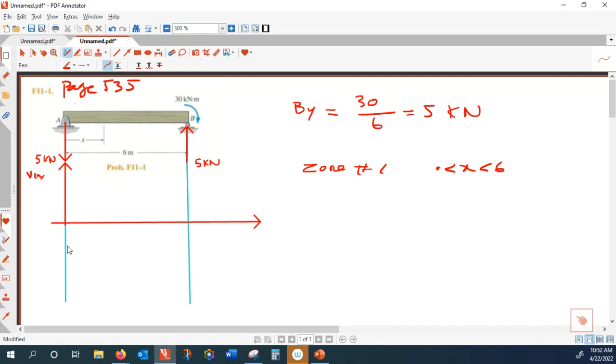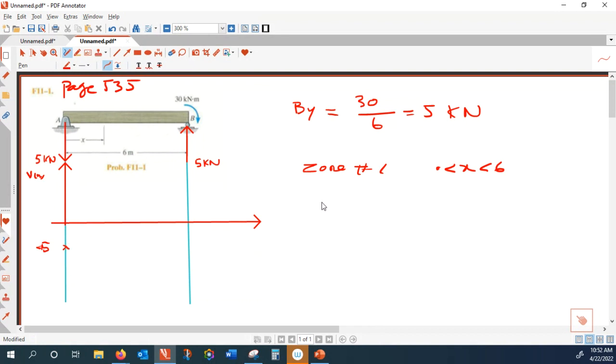And the beginning is -5. And the end is +5. All right, so this one is starting by pushing, that reaction is pushing this 5 kilonewton down.